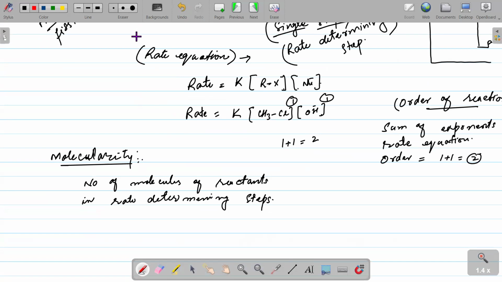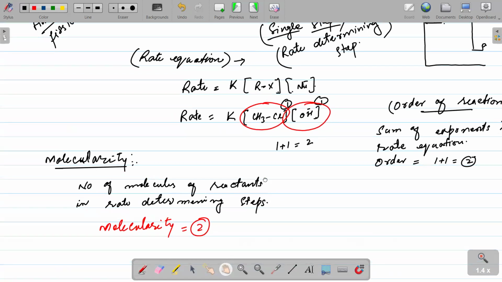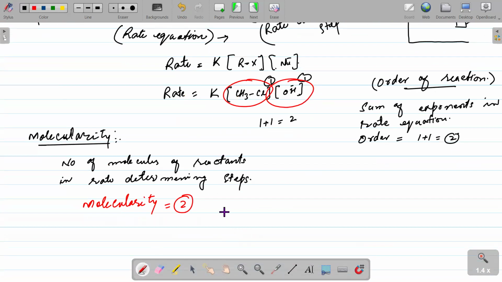Because two molecules are participating in our rate equation, which is based on this rate determining step. So its molecularity is 2 in this case. So that's why it is also known as SN2 reaction. Why? Because it is bimolecular.